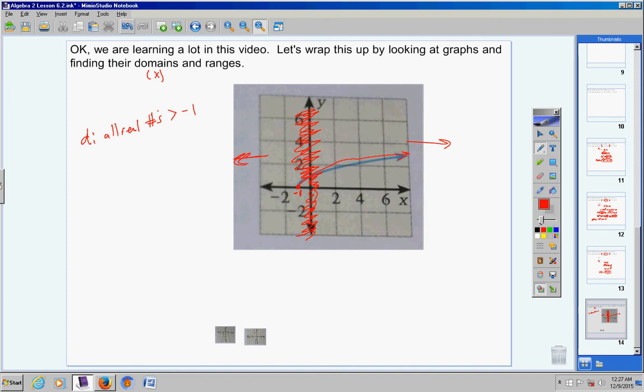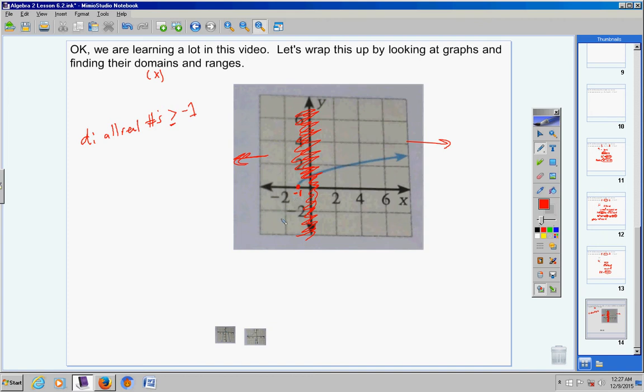Oh, my fault. And it also equals, should be equals. -1, there we go. All real numbers greater than or equal to -1. It's equal to because it's right there as part of the graph.